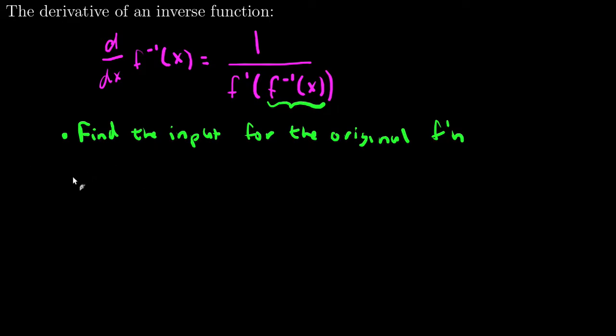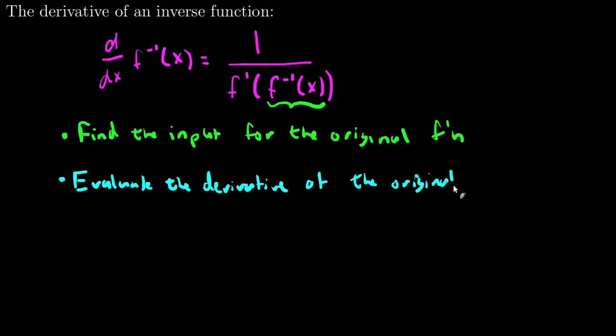The second thing we do is evaluate the derivative of the original at that value. And finally, the third thing we do is find its reciprocal.